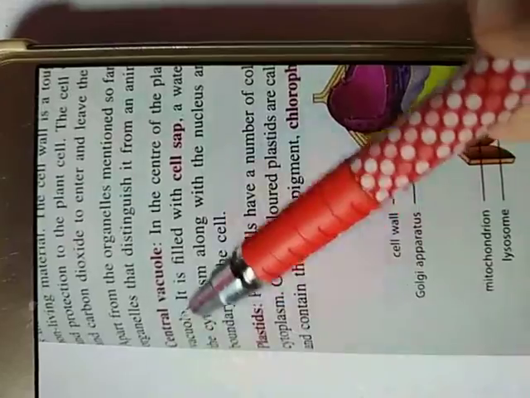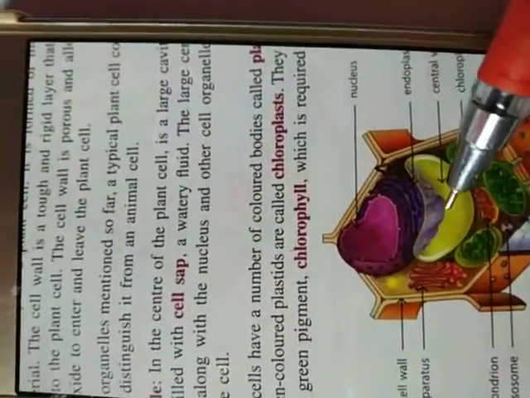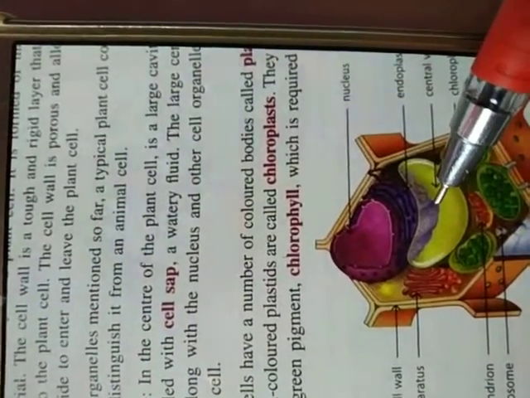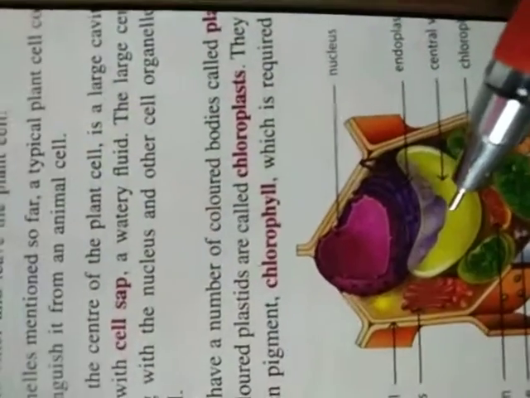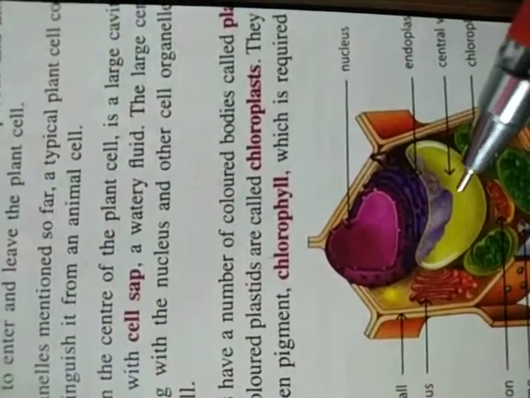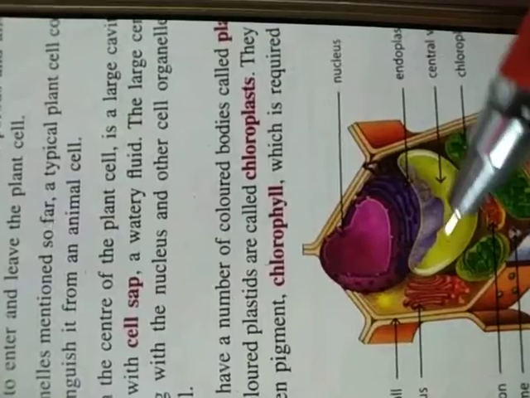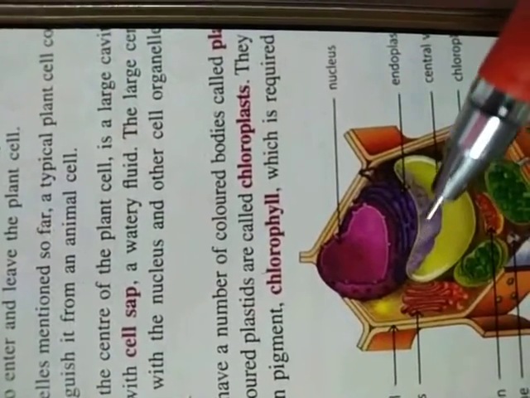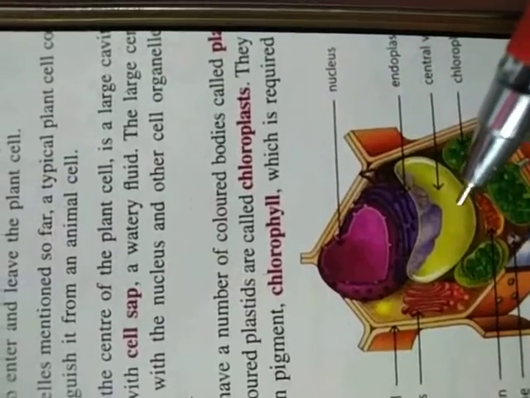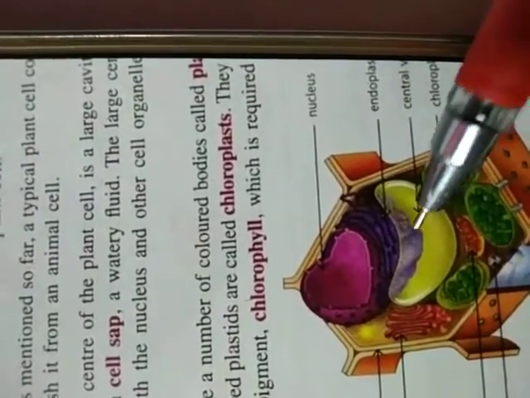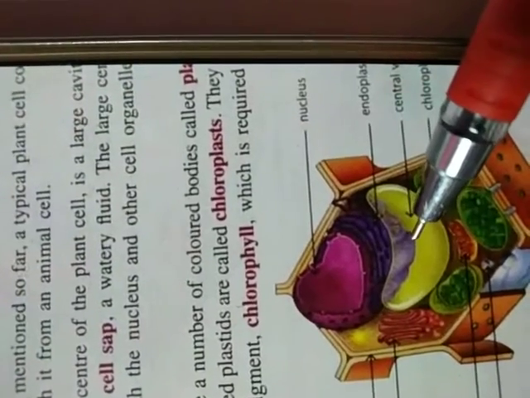It is a large cavity-like empty space, mainly filled with water, a juicy fluid which is called cell sap. So within the cytoplasm of a plant cell, in the middle portion, there is a large sac-like empty space called the central vacuole, filled with cell sap.